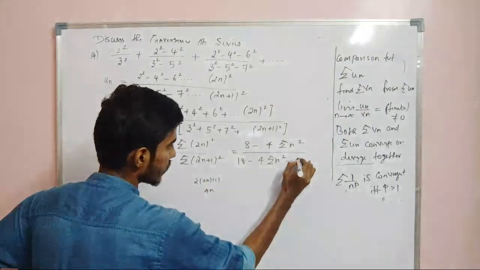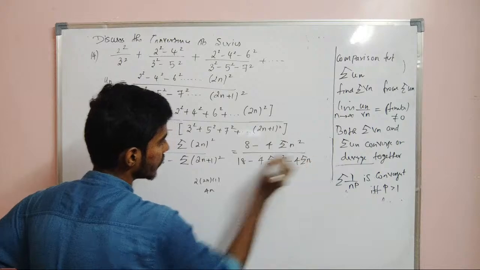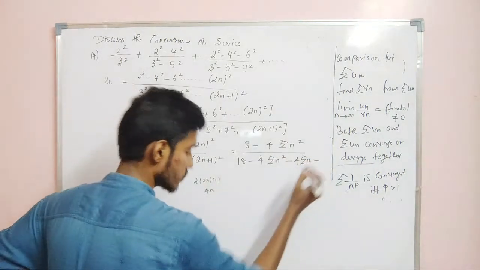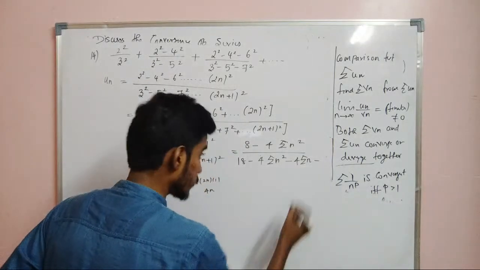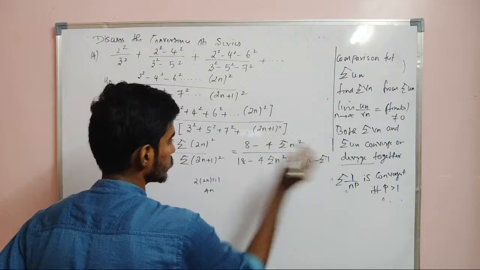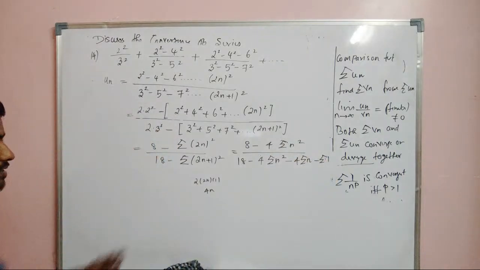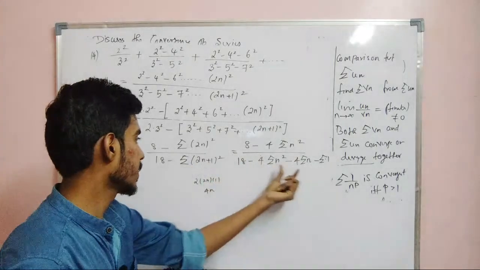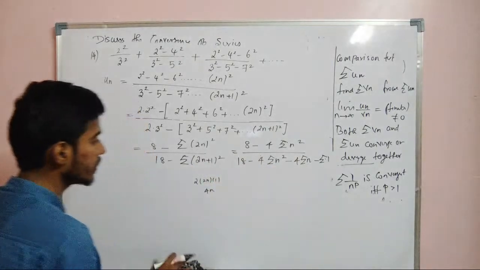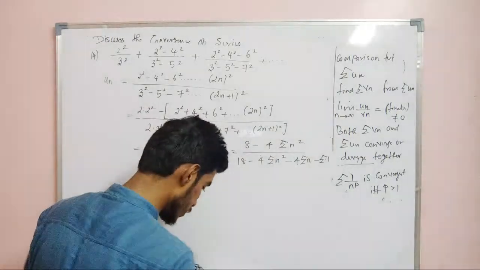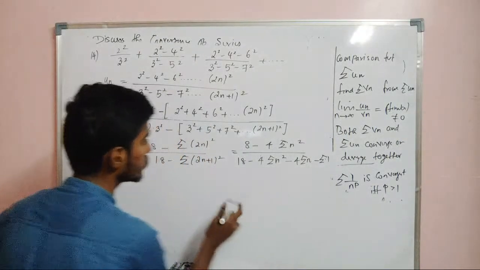I'll take 4 outside, so n, 4n plus b square, which is summation 1, right. So now I just expanded this in a plus b whole square formula, so a square minus 2ab plus b square, and summation 1 is nothing but n. Okay, we will do this next step.